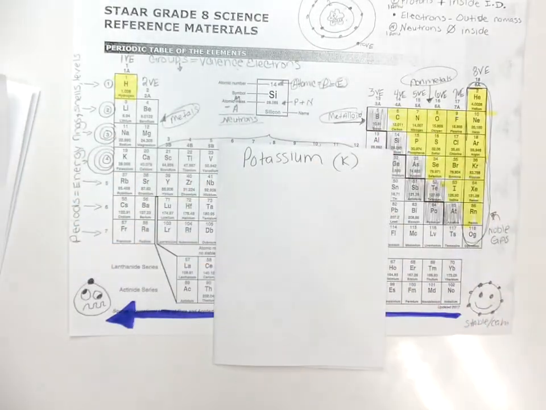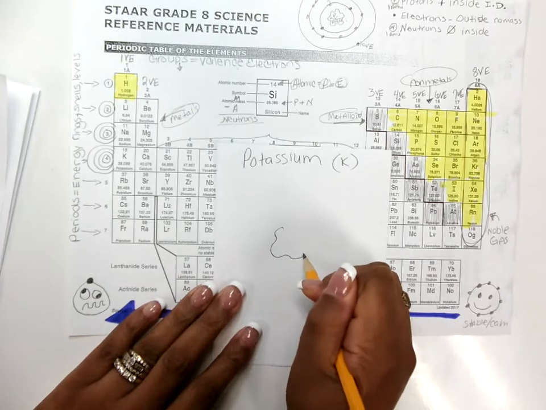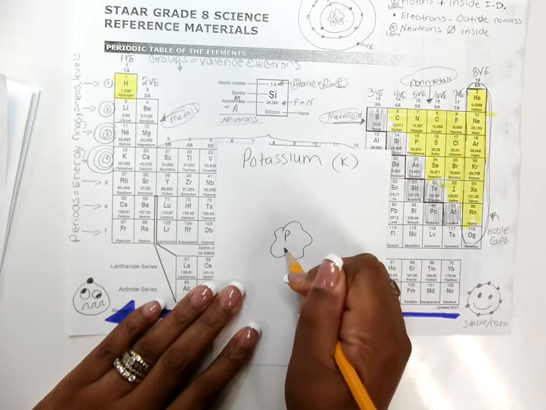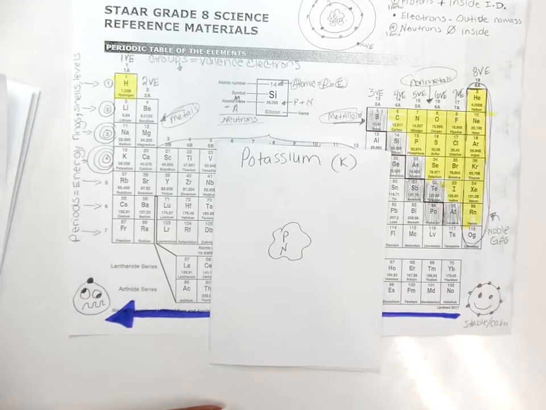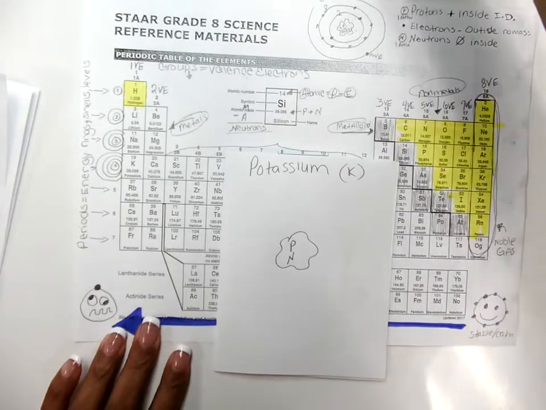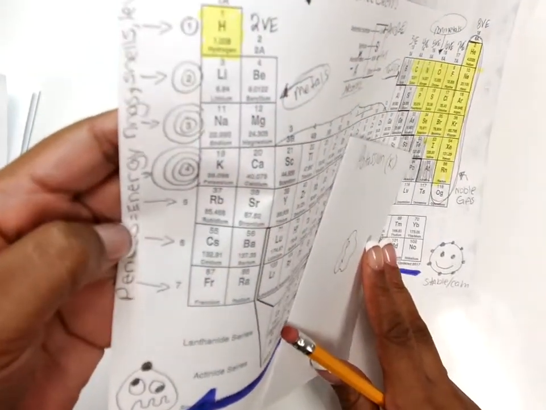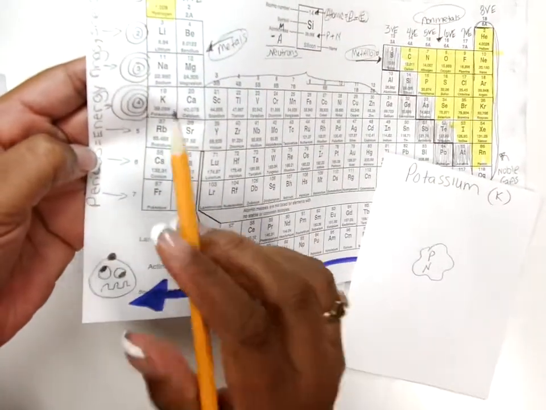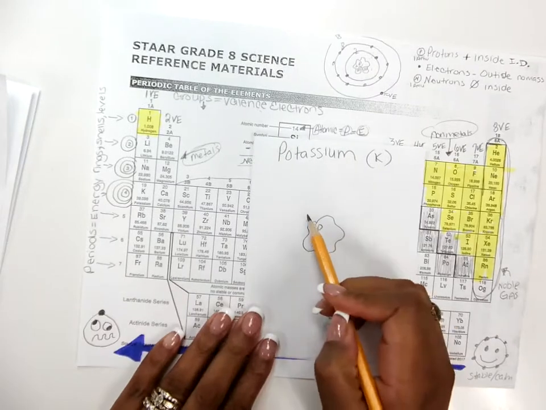Okay, so potassium, let's always start off with our nucleus because all of them have this nucleus, protons, neutrons. All of them have a nucleus. So if you haven't found it yet, potassium is right here. It's K. And how many rings does it have? 4. So let's make 4 rings.